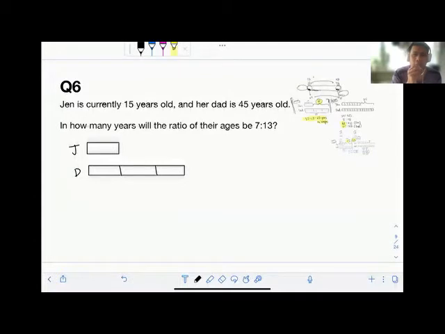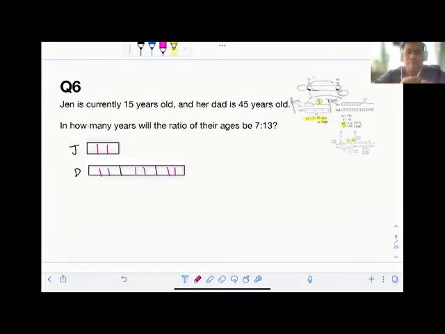So ginawa ko po siya, dinivide ko po into 3 each boxes just to represent kung ilan ang boxes para sa age na 15. Say for instance, 3 po yung partition niya, sir. Okay. So right away, alam na natin kung ilan ang value ng bawat box. And that is 5.